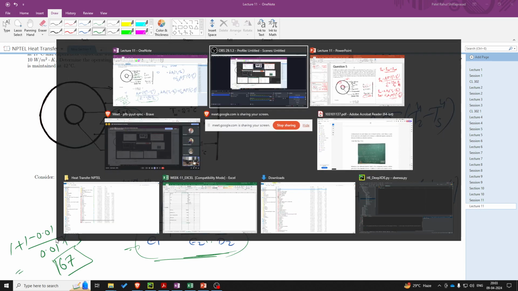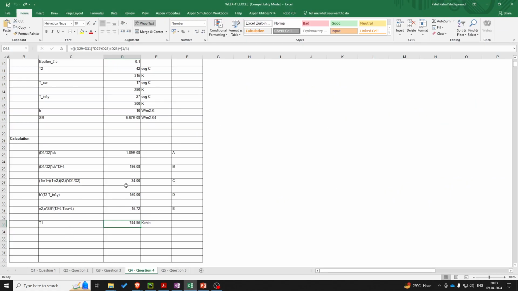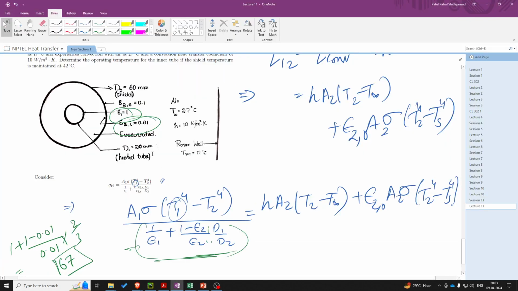So this denominator should come, and this comes around 67.